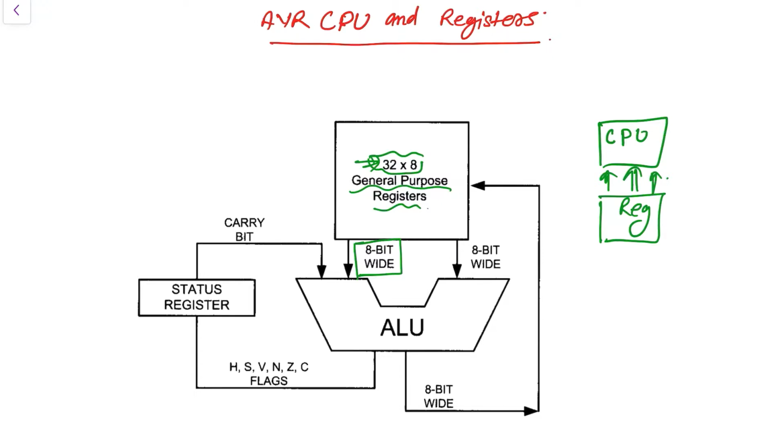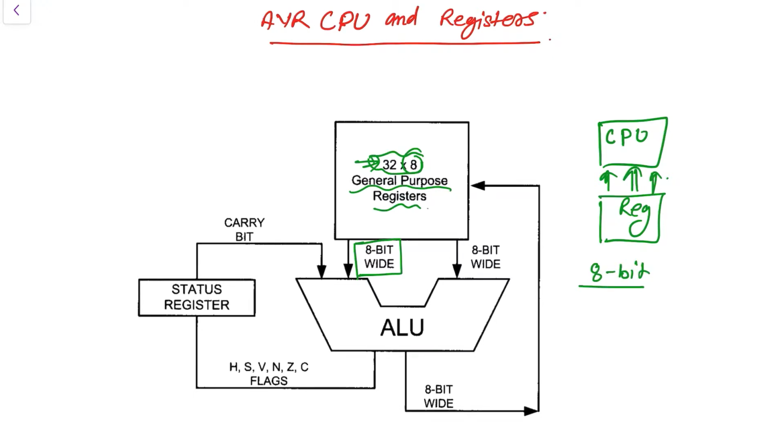AVR microcontrollers have these registers for arithmetic and logic operations. In the CPU, registers are used to store information temporarily, as we have already discussed, and the data can be processed as bytes. If the data is more than 8 bits, then that data can be divided into chunks of 8 bits. The vast majority of AVR registers are 8-bit registers, and there is only one data type in the AVR microcontroller, the 8-bit data type.